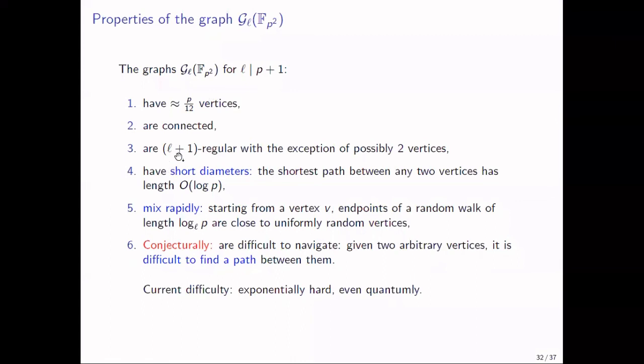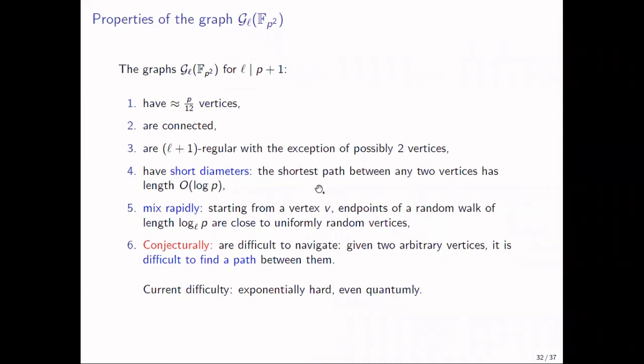They are also (l+1)-regular, with possible two exceptions, but this means that from any vertex, there are exactly l+1 edges. And this is in line with the fact that every supersingular elliptic curve has the full l-torsion, which means that there are l+1 different rational l-isogenies.